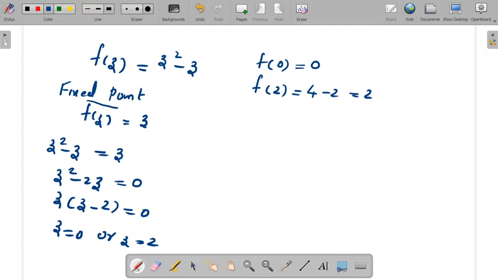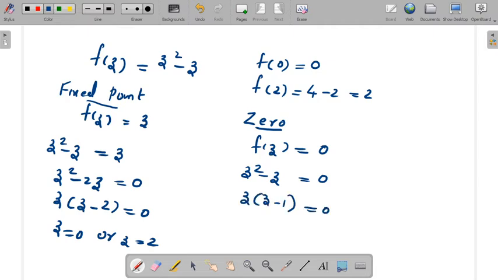Now if you want to find the zeros of this function, zeros are the collection of all points where f of z is equal to 0. So f of z is z square minus z, which will be 0. Again, taking z as common, z into z minus 1 equal to 0. That is, z is equal to 0 or z is equal to 1. Hence, the zeros of this function are 0 and 1.